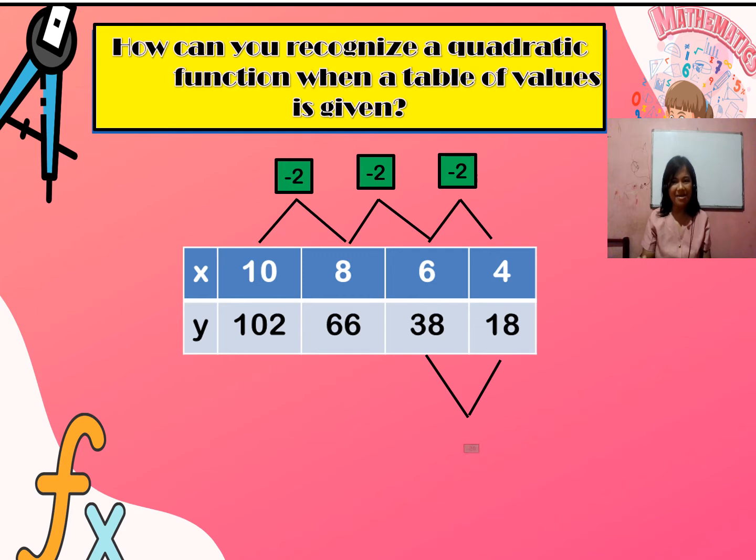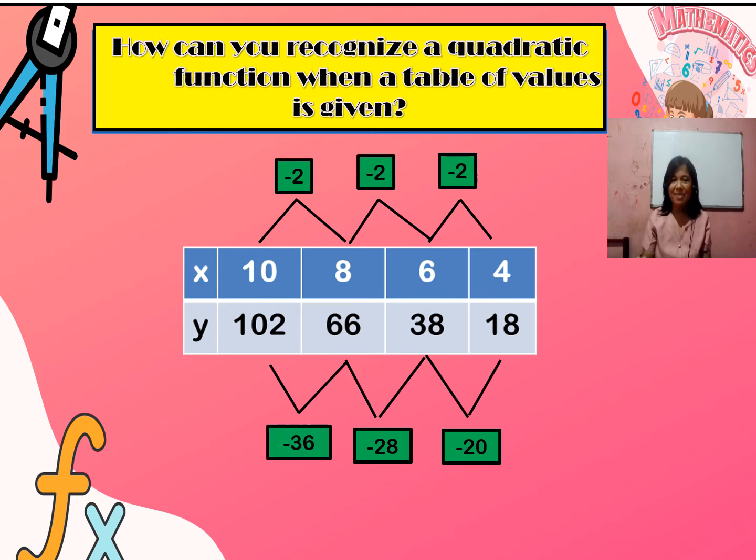Sige nga. Okay, tama. It's negative 20. 38 minus 66. Magka-calculator na ba? Okay. So, it's negative 28. 66 minus 102. Kung need nyong mag-calculator, why not? Pero mas okay kung magma-manual solving lang. Okay? So, that's negative 36.